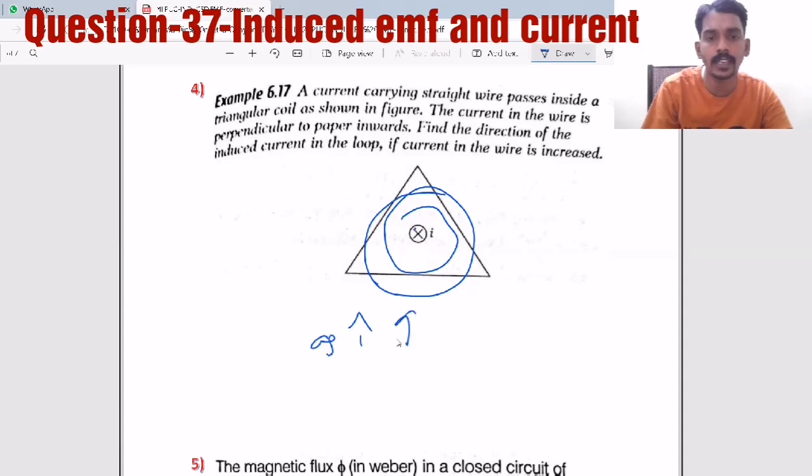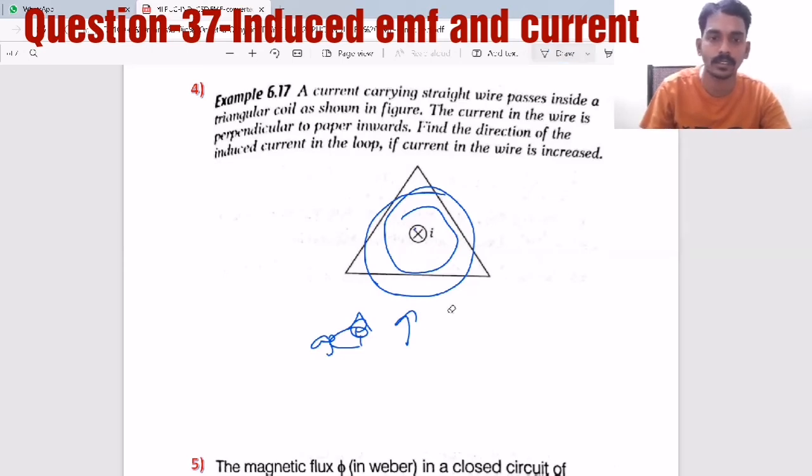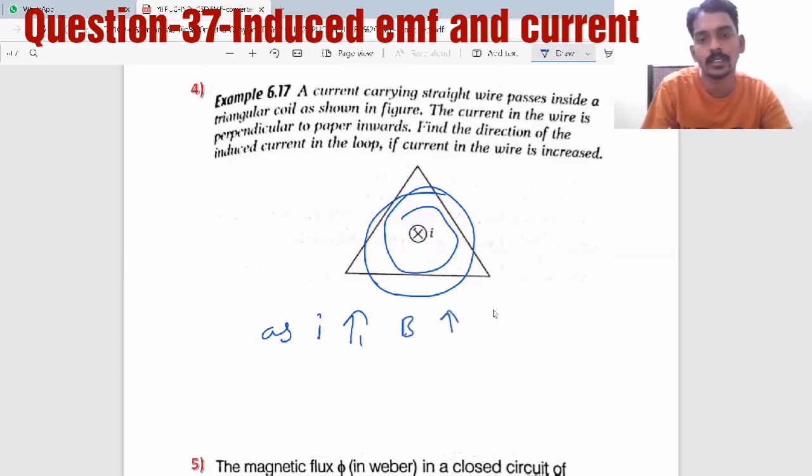As I increases, as current value is increasing, magnetic field also increases at different points.